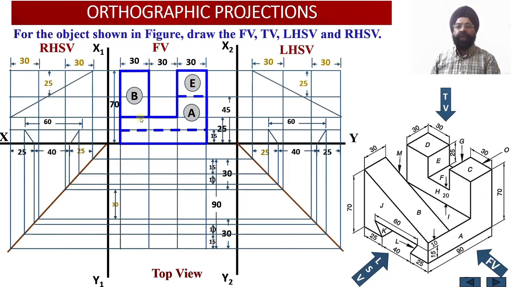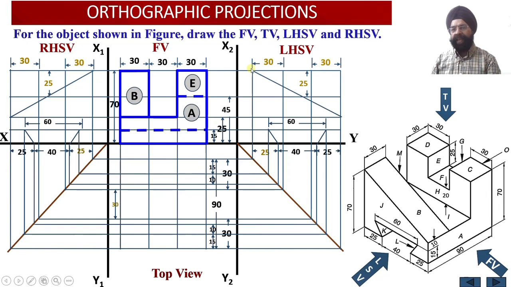So another thing we can locate over here, this is the slant edge which starts from this top corner and it goes up to a point over here. When we look at the solid from the left hand side view, at the back we have the highest distance over here, and at the front this slant edge will be located at a distance of 25 millimeter from the base.